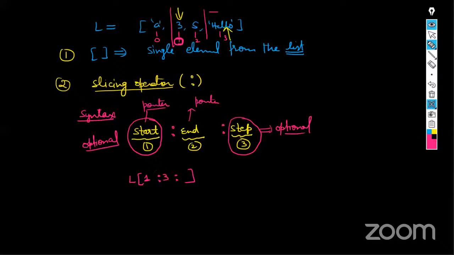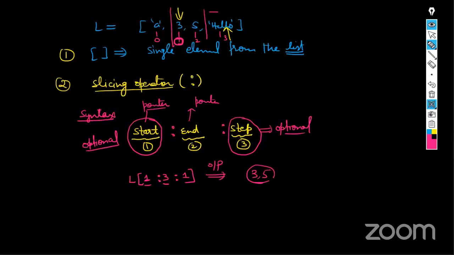Guys, please make a note. Although you want the values 3 and 5 that are stored at locations 1 and 2, here I am writing 1 and 3. This is Python, they have made this arrangement. The start pointer points to the first location, and the end pointer points to one more location past the last. You want them continuous, so the step will be 1. When you print this, the output will be 3 and 5.